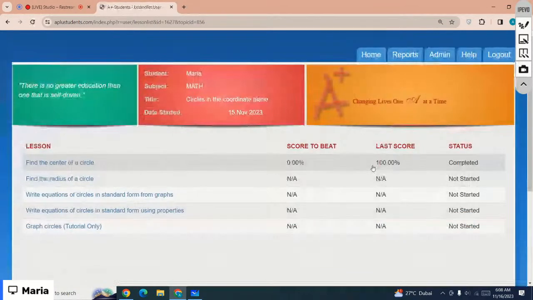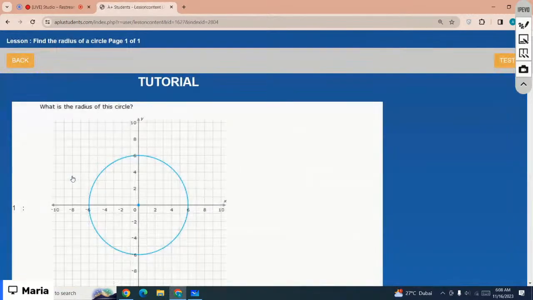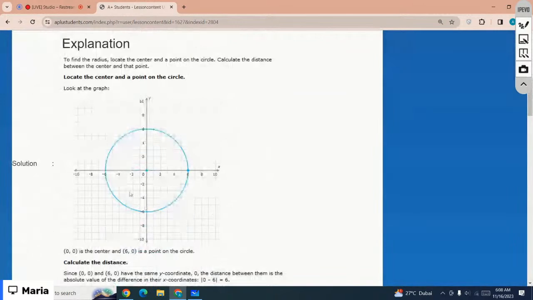The next one is find the radius of a circle. So how do we find the radius of a circle on the coordinate plane? That is very easy to calculate. The center is 0, 0, right? So calculate the distance from 0, 0 to any point, like this point, this point, this point.